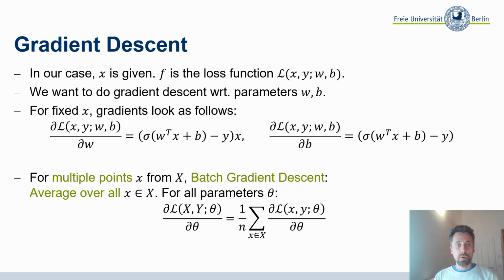So for the cross entropy loss, the function f is our L here, our loss function. The x's and the y's are given, and we want to now get the gradient of this loss function with respect to the weights and the biases.